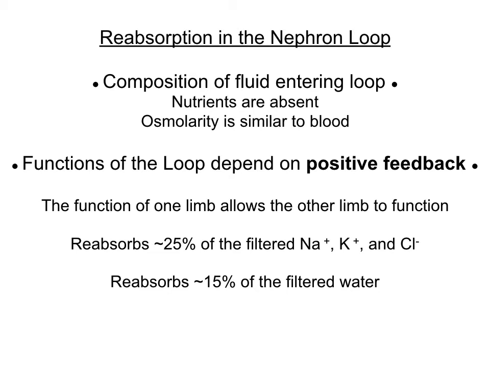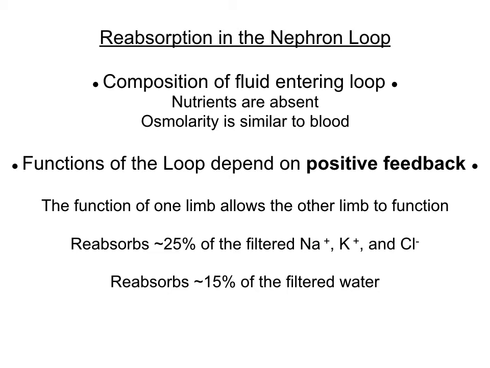So the functions of the ascending limb allow the descending limb to function, and the functions of the descending limb allow the ascending limb to function. So I prefer to start with the ascending limb and then tie in the descending limb functions to show how the nephron loop works.